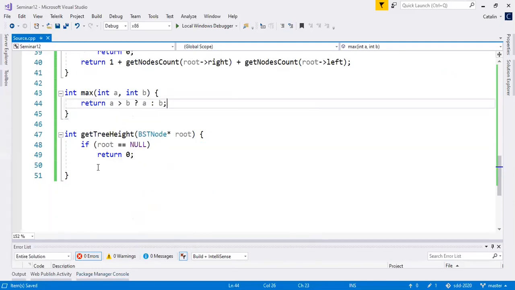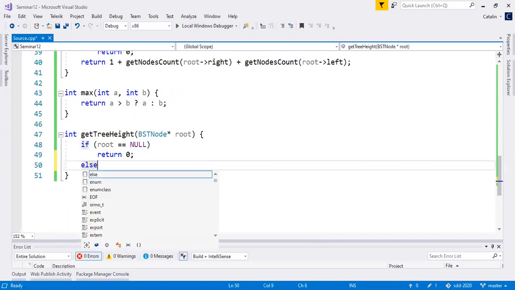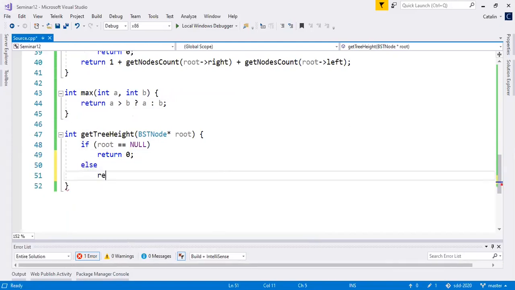So if you hit null, it's 0. Else, it's actually return 1, the current level.